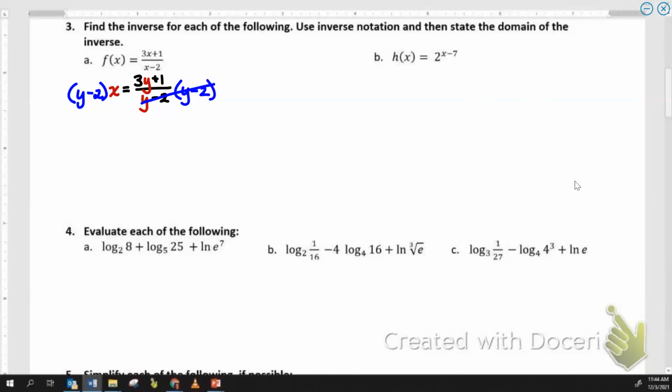X to the 1. It'd be 6 7/3. Is that correct? Oh, thank you. I missed that subtraction. I was just thinking plus here.